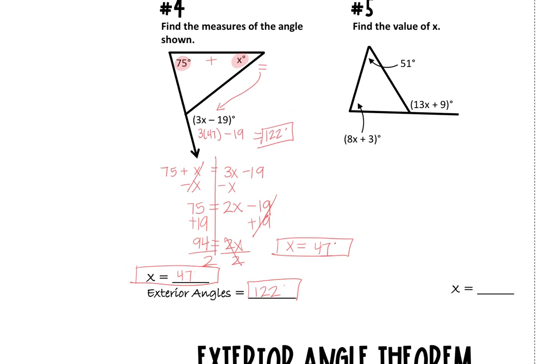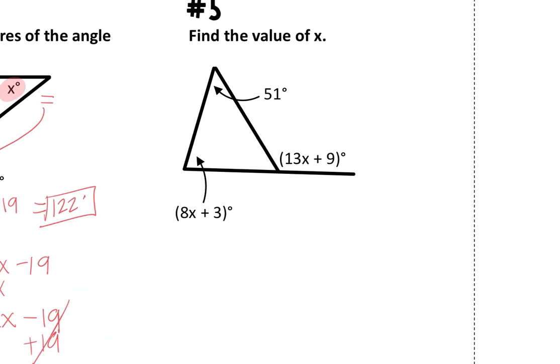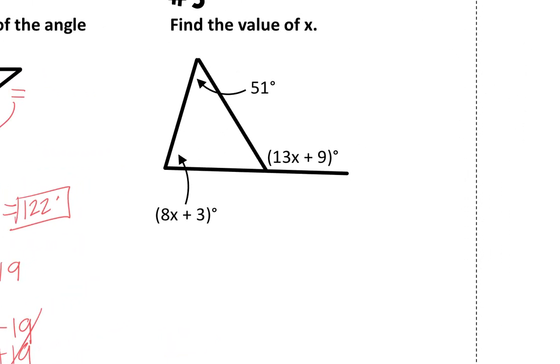All right, last question, example 5. So again, we'll do the same thing. I'm going to grab these two angles right here, add them, and put it equal to the outside angle. So I'm going to grab 8x plus 3 and add it to 51 and put it equal to 13x plus 9.